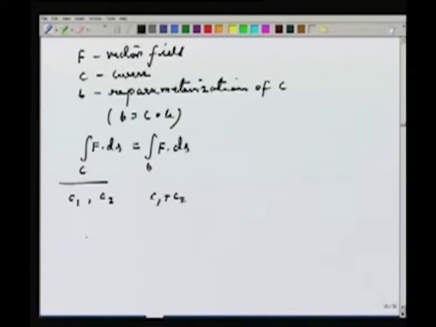I will just explain it by picture. Suppose this is C1, it starts from A, goes to B, then from B it goes by another curve up to C. So the domain of C1 is [a,b] and the domain of C2 is [b,c].